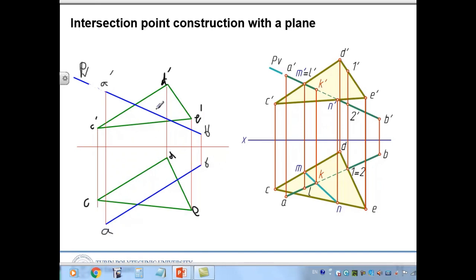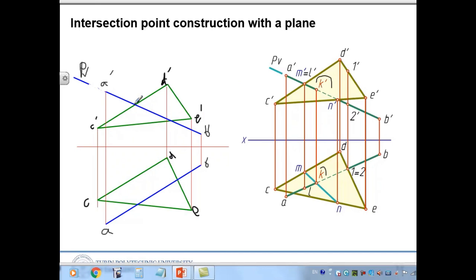So we have to find where, in between this green triangle plane, is the location of the point K. Okay, so point K, where is it? So how to find it? At first we need to make an intersection point.